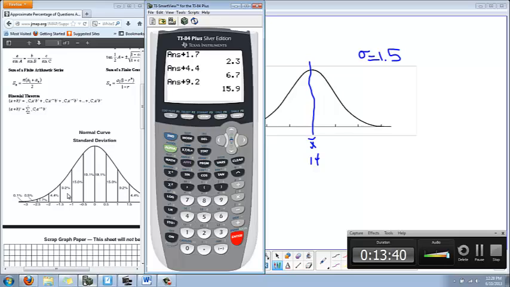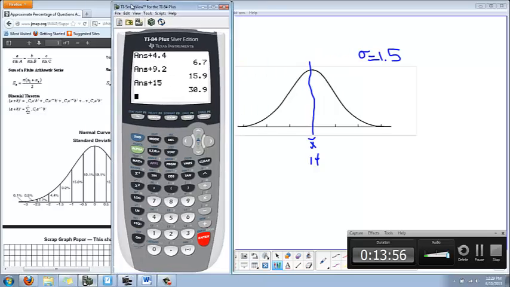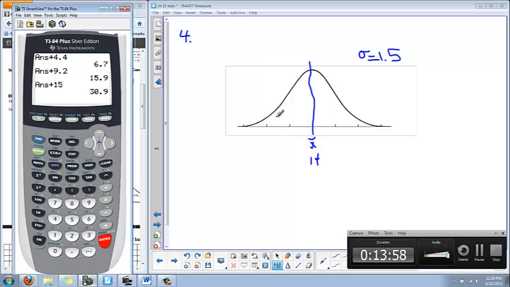That's pretty close. So you know what? If I add another 15, that's going to be way too high. So I think that right here at the -1, that's as close to 17 as I'm really going to get. So I'm thinking that the 17th percentile is somewhere around 1 standard deviation below the mean right here.